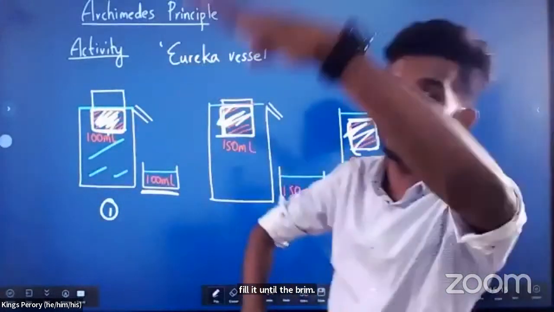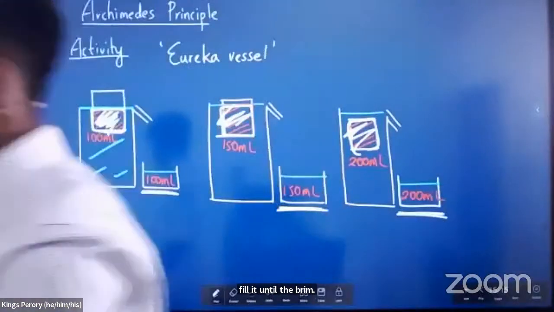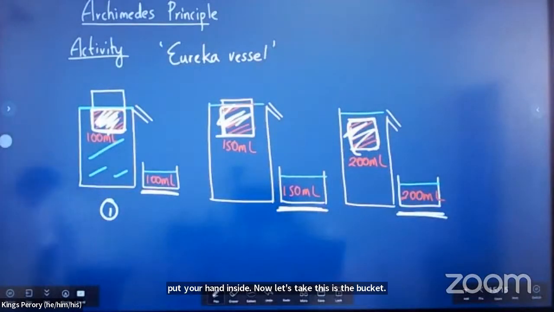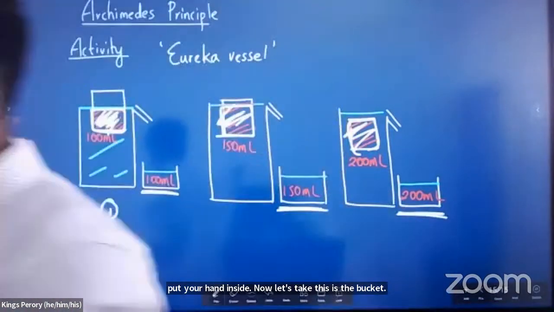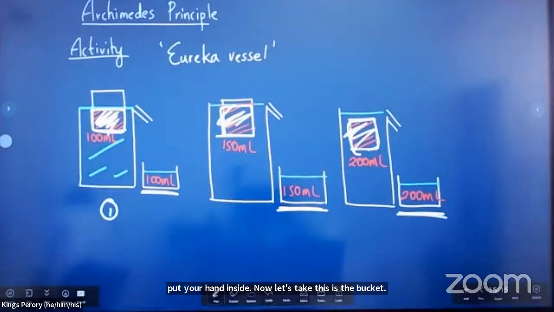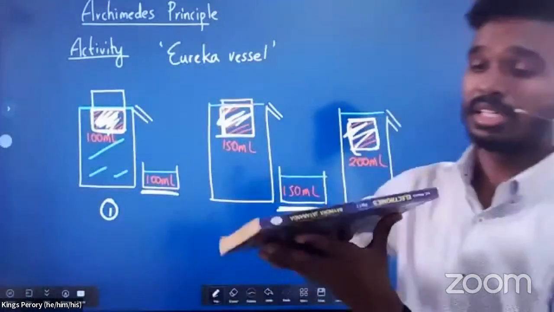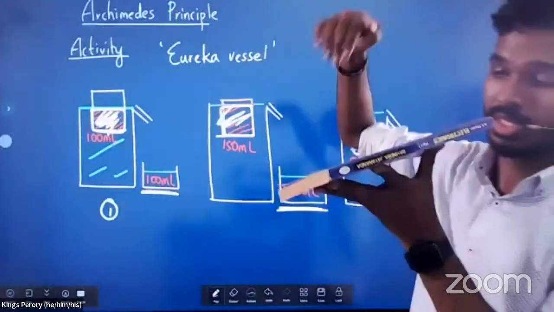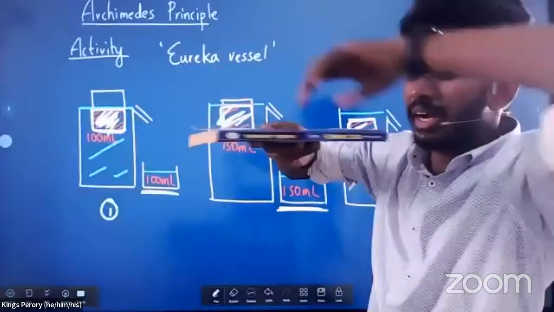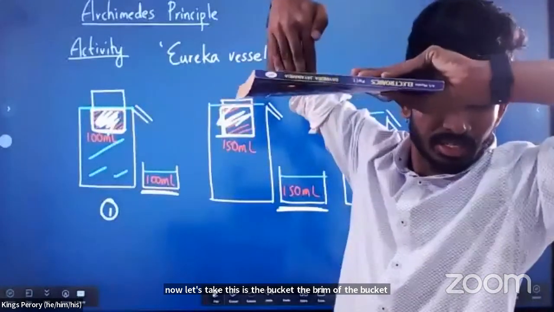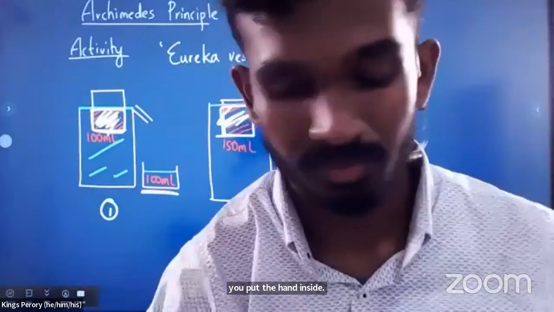Now let's take this is the bucket, the brim of the bucket. You put the hand inside.